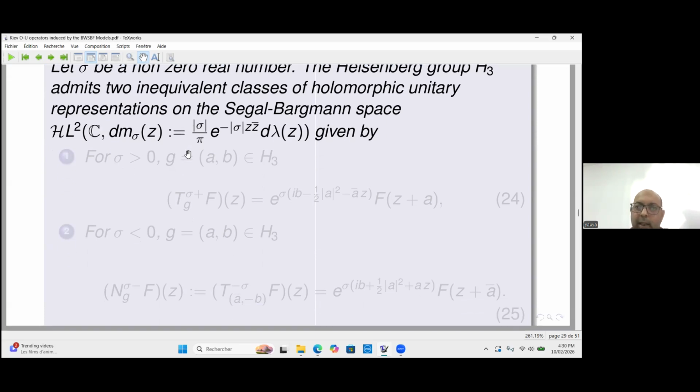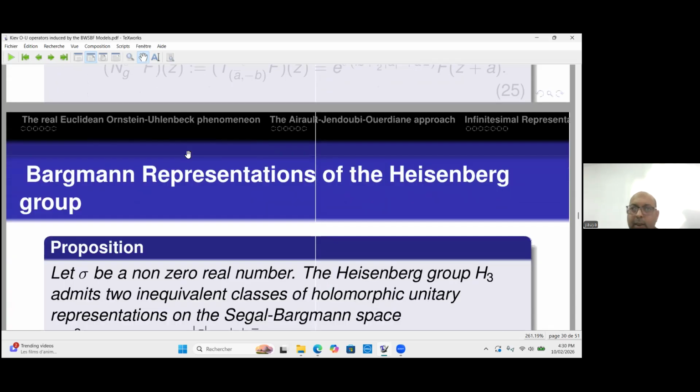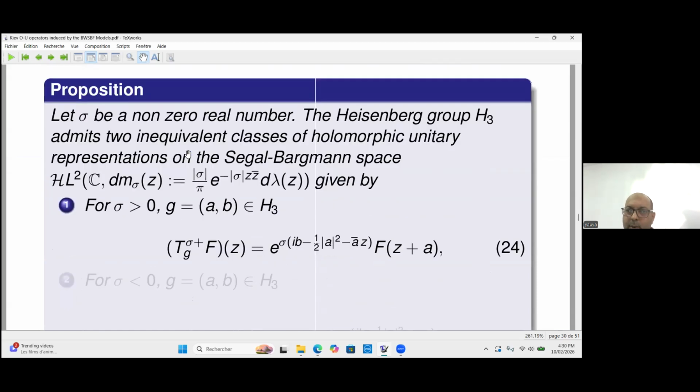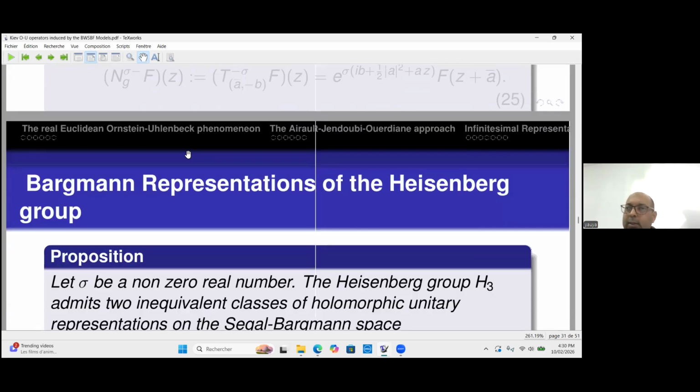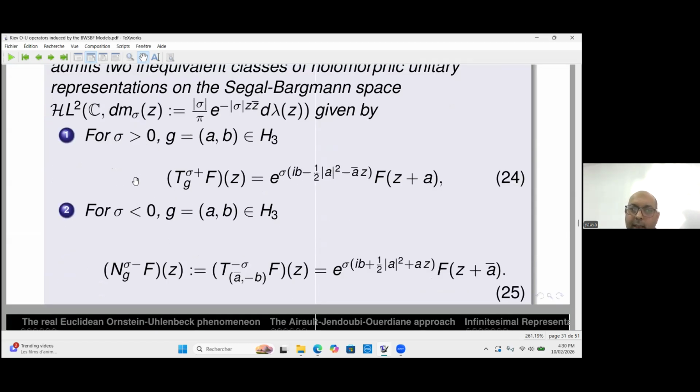That is, there is no invertible operator S such that T_j equals S composed with J composed with S minus 1. That is equivalence in this sense.